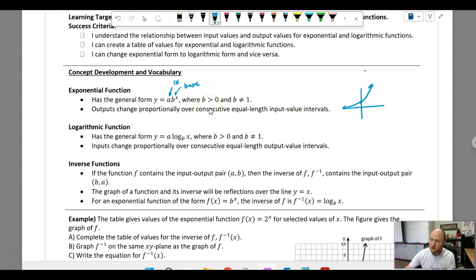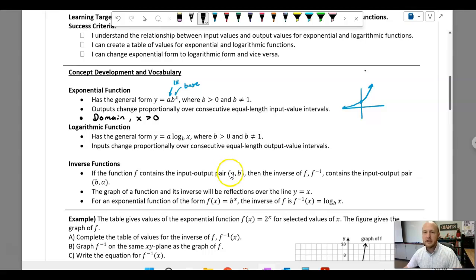A logarithmic function, because inputs and outputs switch, will reverse this. Logarithms will have the form y equals a times log base b of x, where b must be greater than 0 and b cannot be equal to 1. It's also important to note here that your domain has to be positive. Domain must be greater than 0. I'm going to say domain, x must be greater than 0.